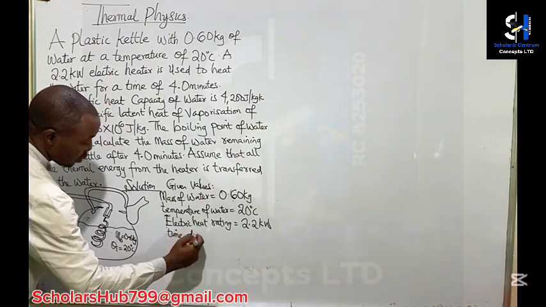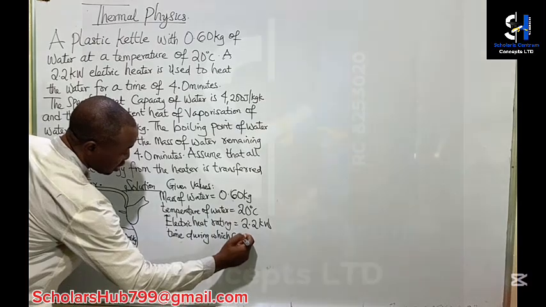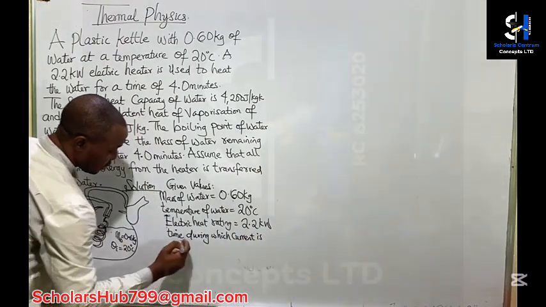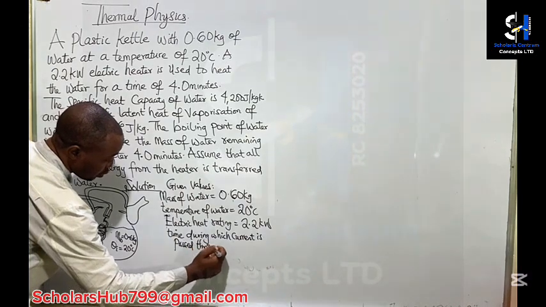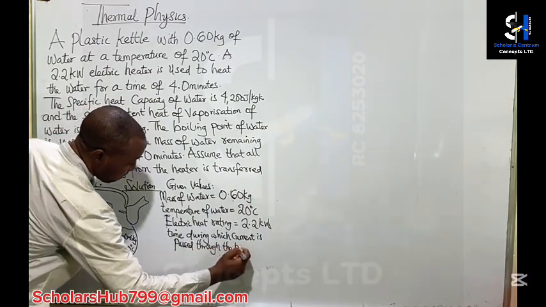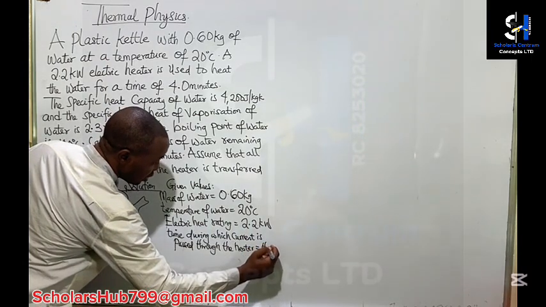The time during which current is passed through the heater is 4.0 minutes.